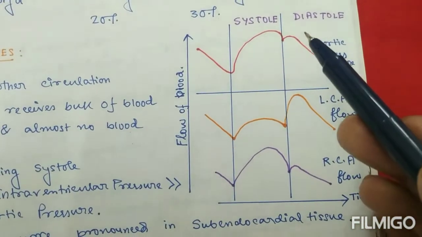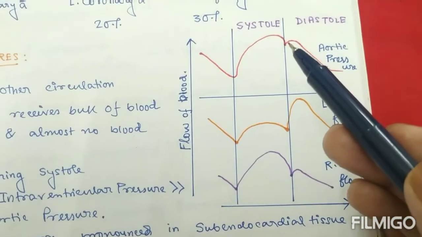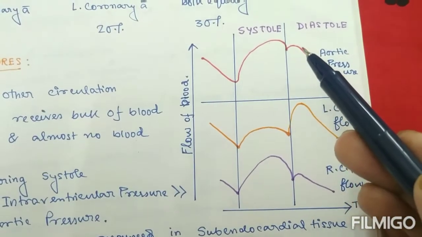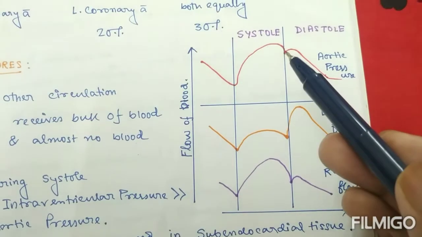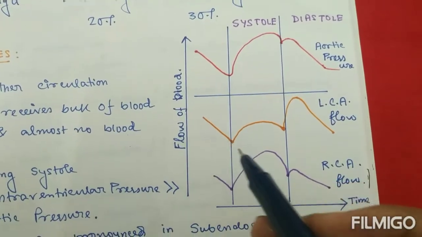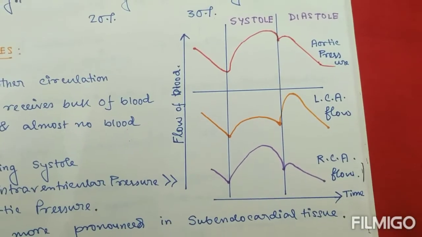And as we have discussed in previous video in cardiac cycle, the aortic pressure curve is a dicrotic curve. It has a dicrotic notch, and this is the flow of left and right coronary artery.